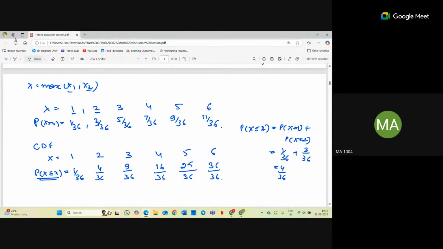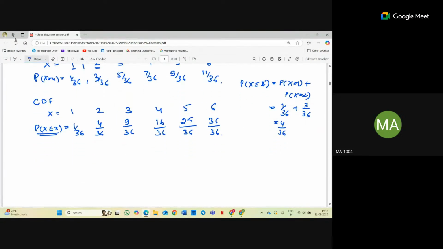So if you look here, basically I can write it as 1 by 6 whole square, 2 by 6 whole square, 3 by 6 whole square, 4 by 6 whole square, 5 by 6 whole square, and 6 by 6 whole square.